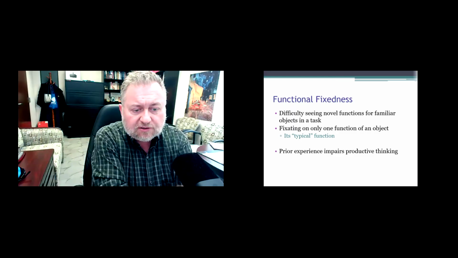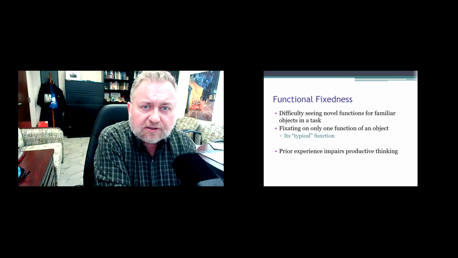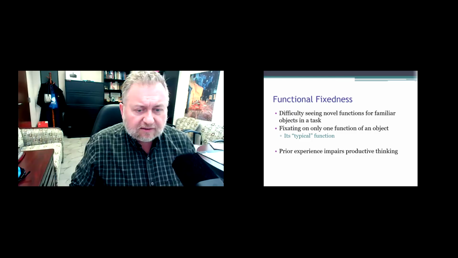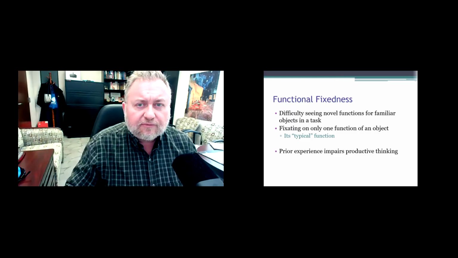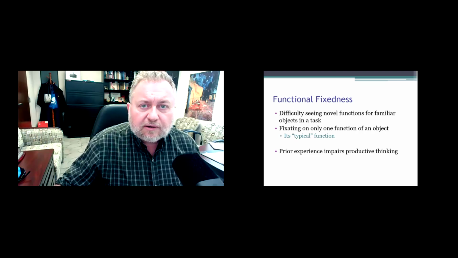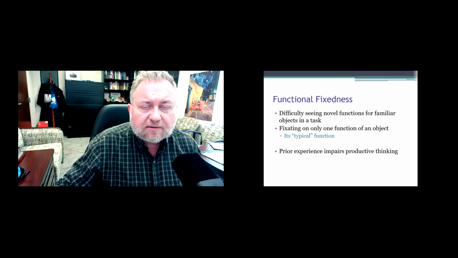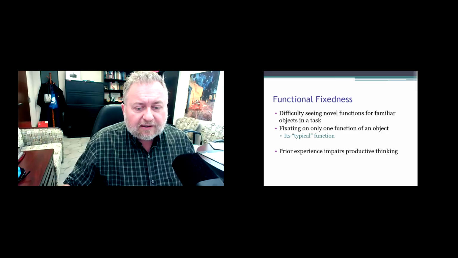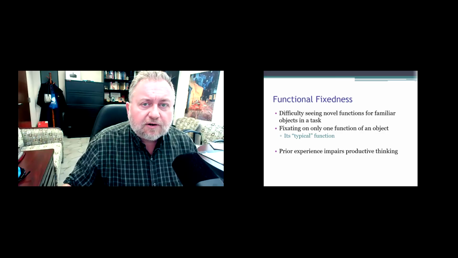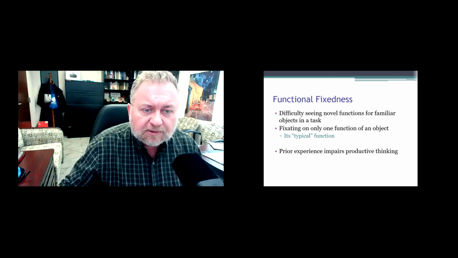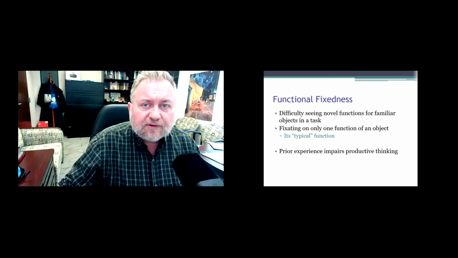So this research and the fact that people struggle to solve these problems, right? They don't always completely fail, but the point is that they struggle. They try a variety of other approaches that don't work, and they can tend to be somewhat slow at solving what might otherwise be considered a fairly simple problem to solve. So the fact that people struggle with it because we're trying to use these tools for non-typical purposes is called functional fixedness, right?